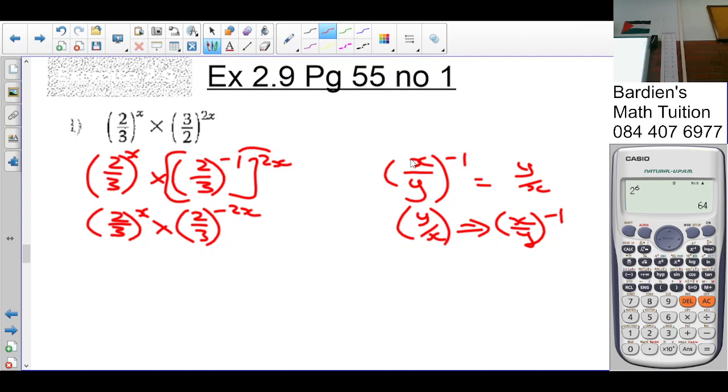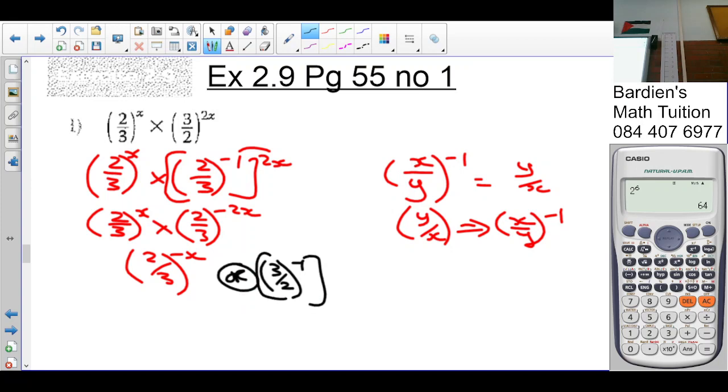Okay, when you multiply and bases are the same, what do you do to the exponents? You add them. So x plus negative 2x is going to be negative x. So that's your answer. Or I can swap this around: 3 over 2 raised to x. That's one way of looking at it.